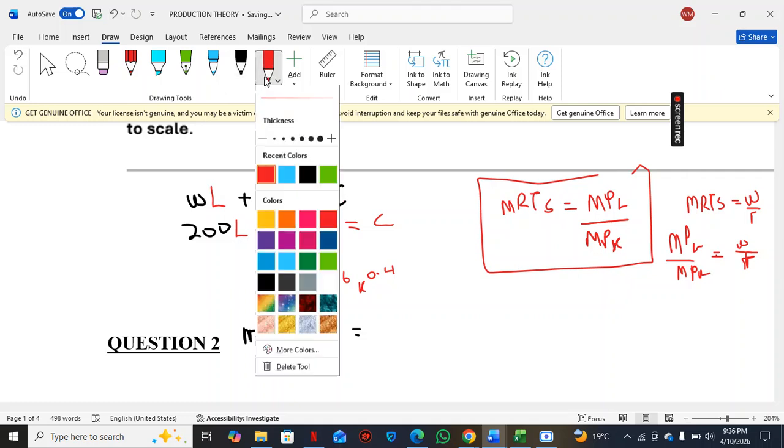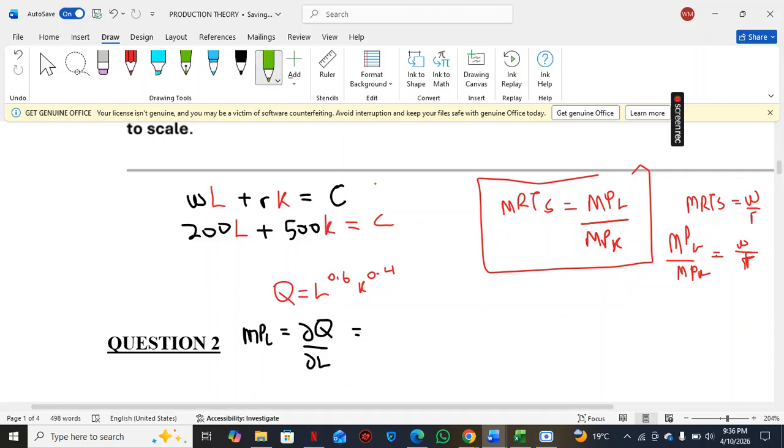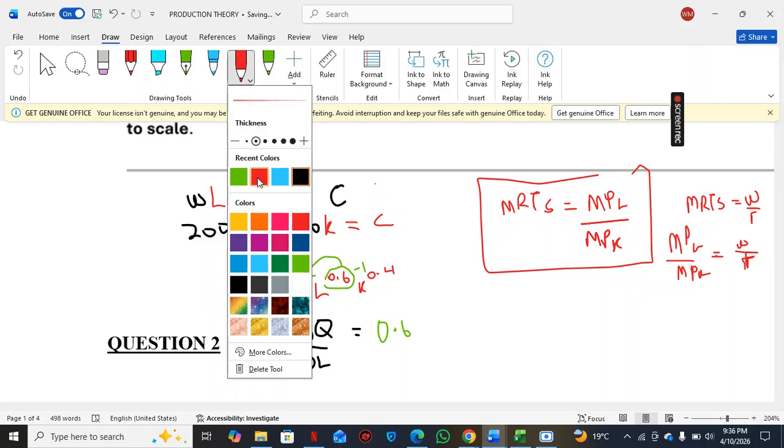Remember, with deriving using the power rule, since we're deriving L, you say exponent multiplied by the number in front of the letters, which is 1. 0.6 times 1, you get 0.6. Then you subtract 1 from the exponent. 0.6 minus 1, you get negative 0.4.